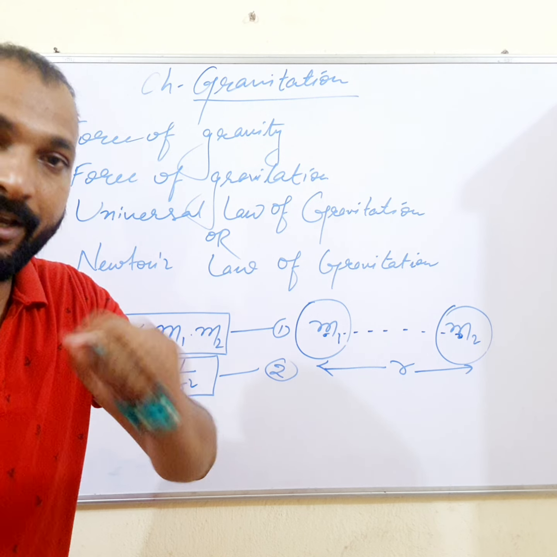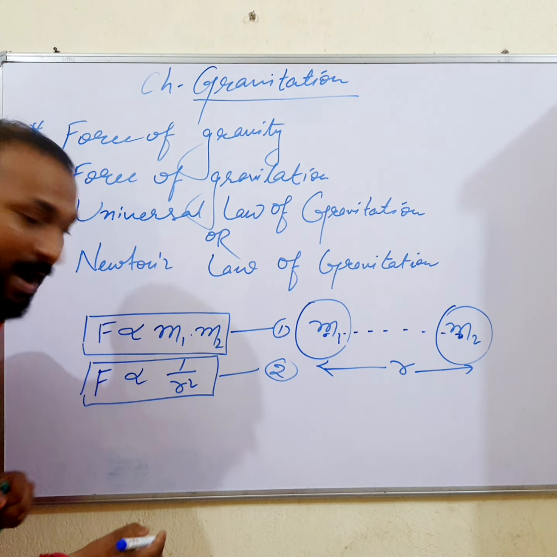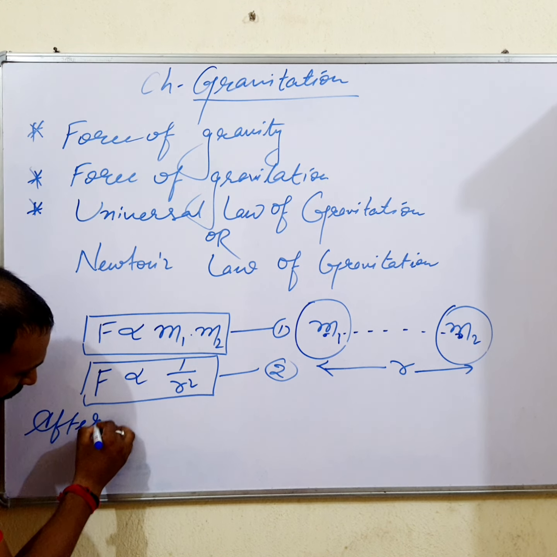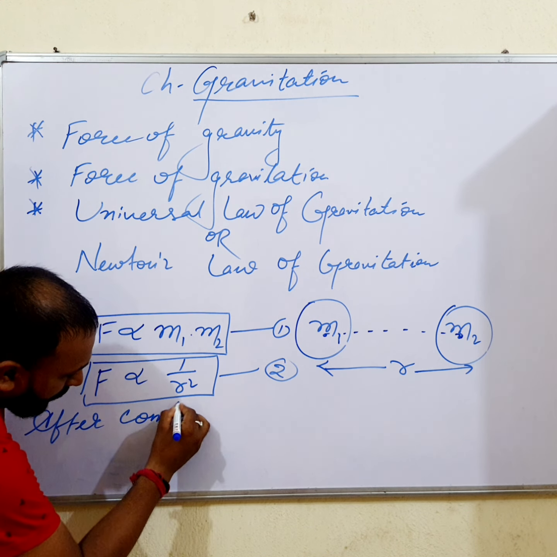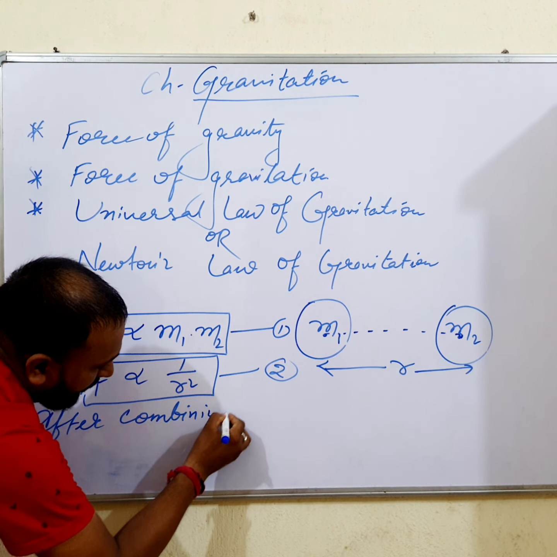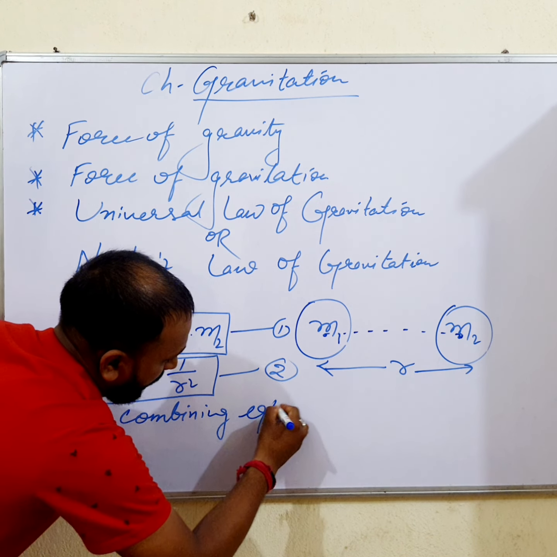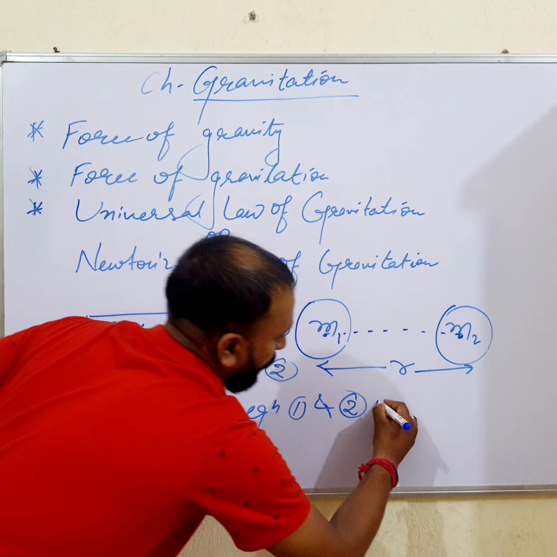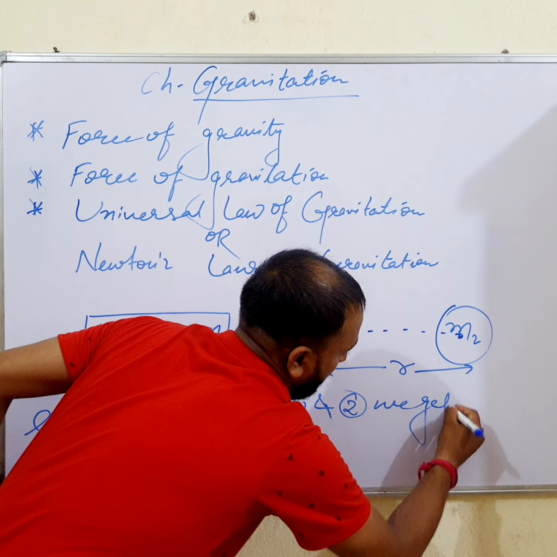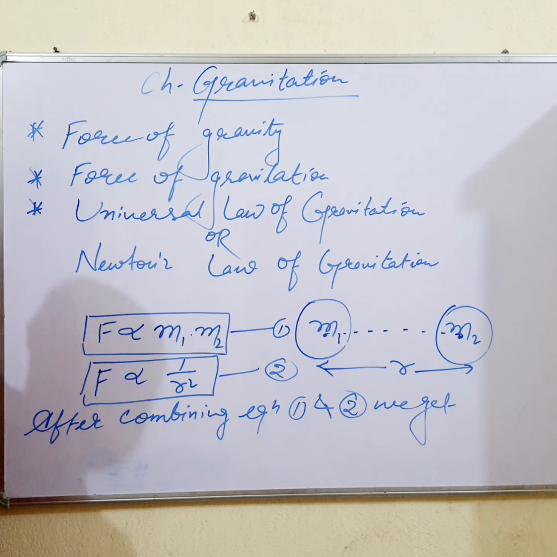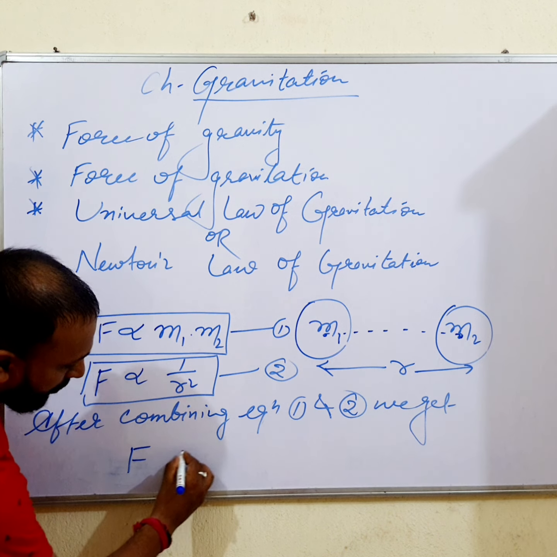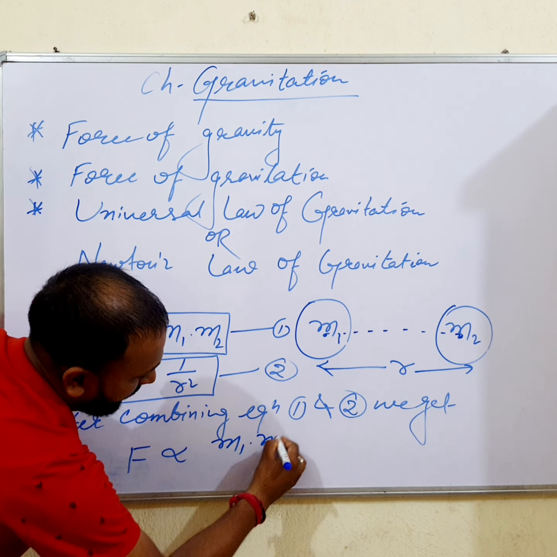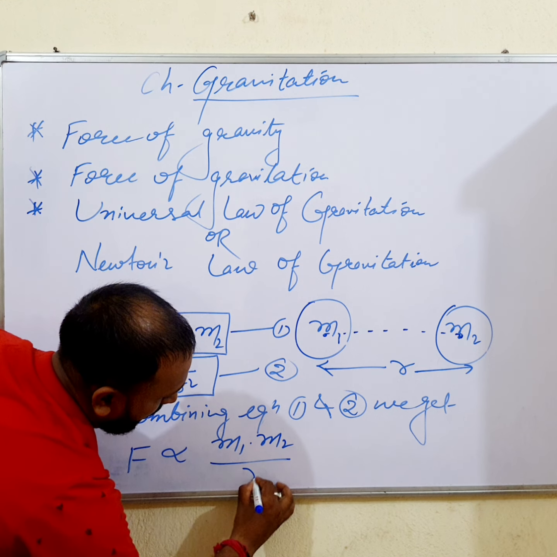Now, after combining equation 1 and equation 2, we get F proportional to m1 m2 upon r square.